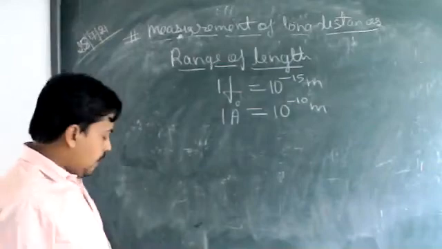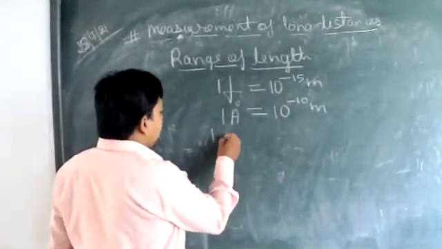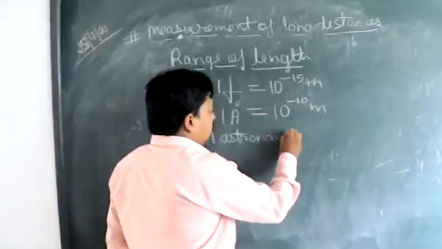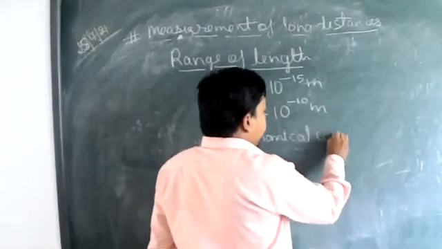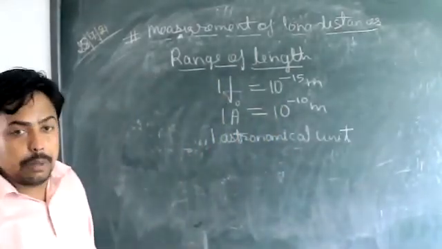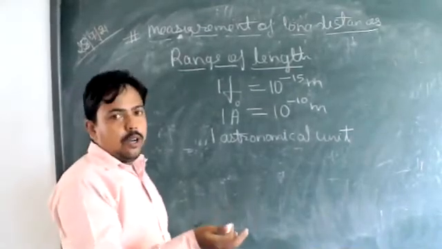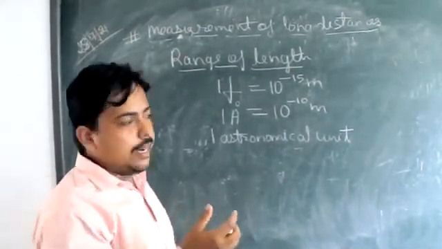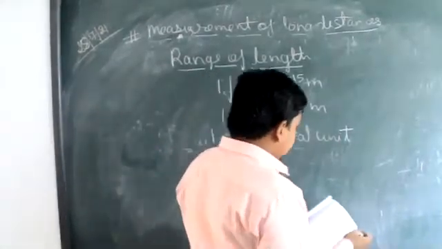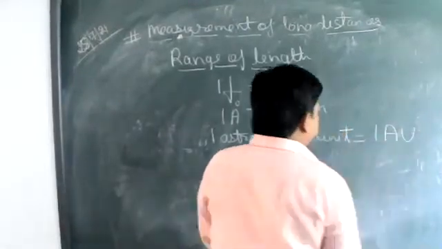Similarly, if length is expressed in terms of astronomical unit, 1 astronomical unit is written as 1 AU, not AMU.